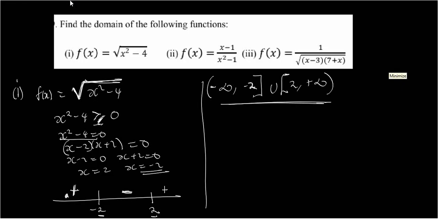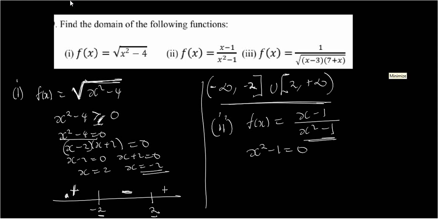Okay, now let's also look at number 2. On 2, you have x minus 1 over x squared minus 1, right? In here, do we have a square root down here? We don't have any square root, so we just get the denominator equal to 0.